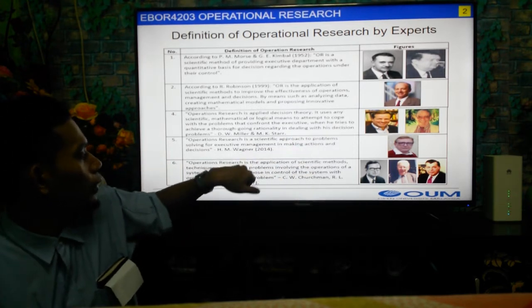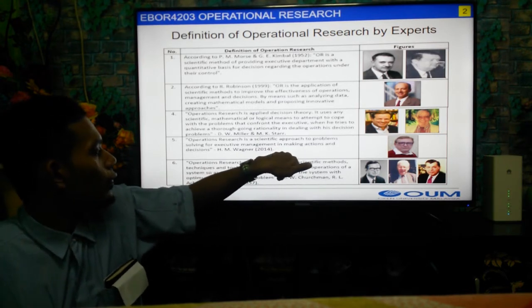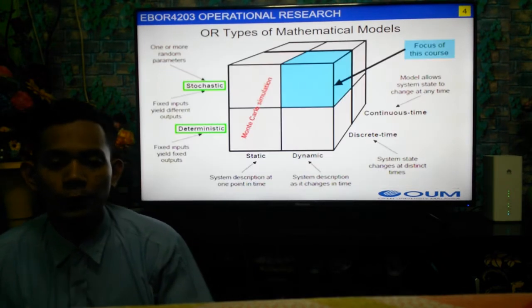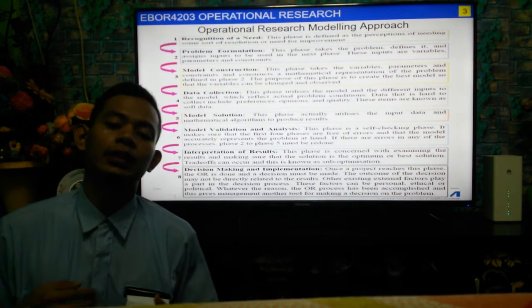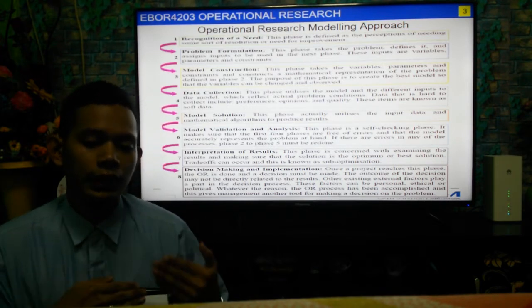According to H.M. Warner, 2014, operational research is a scientific approach to problem solving for executive management in making action and decisions.